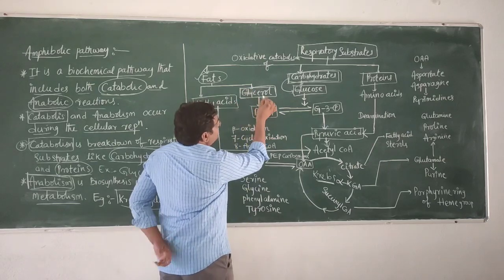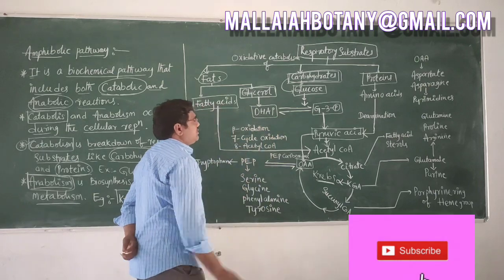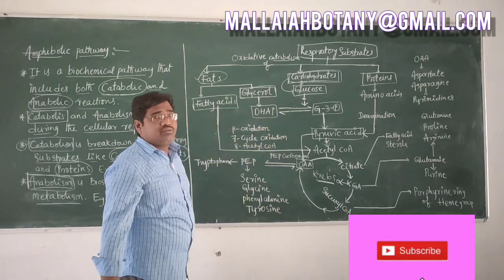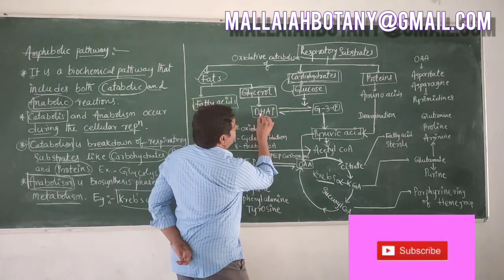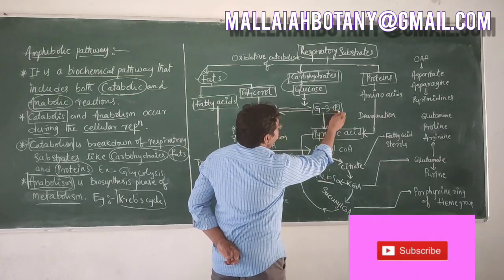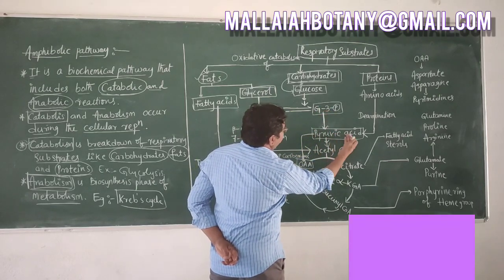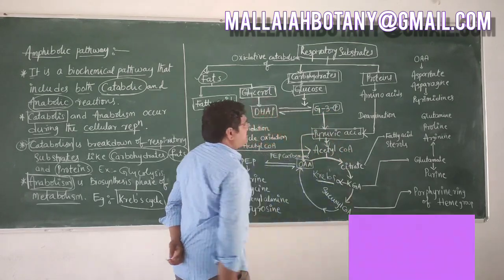This glycerol is converted into dihydroxyacetone phosphate, which is again converted into glyceraldehyde 3-phosphate, then into pyruvic acid, which enters the Krebs cycle.